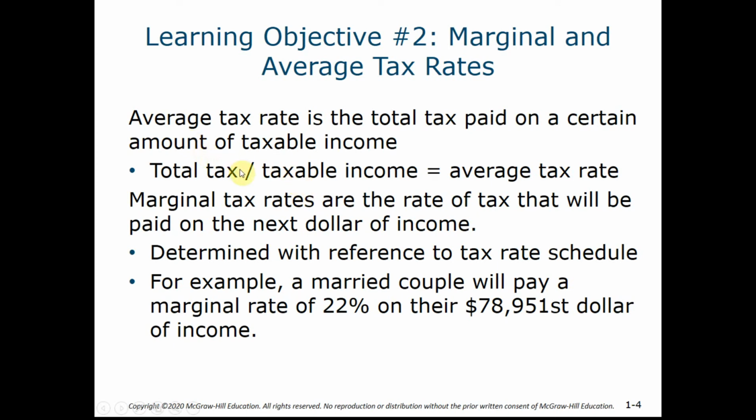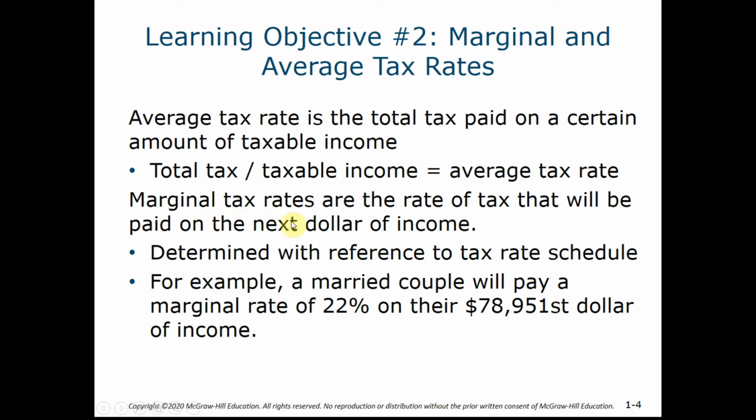Average tax rate, well, there are two ways in which we determine or speak about tax rates. The average tax rate listed first is really the true tax rate that the taxpayer is paying. That is the total tax divided by the taxable income. The other term that we use is marginal tax rates.